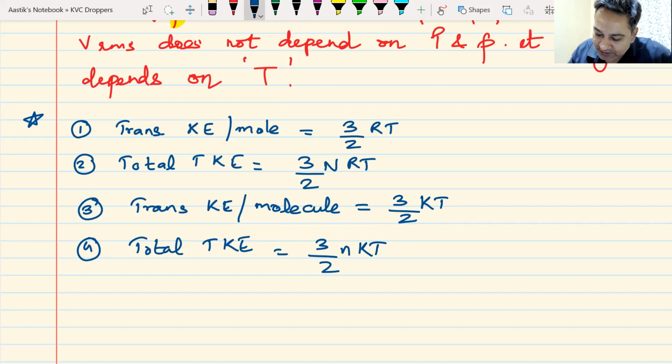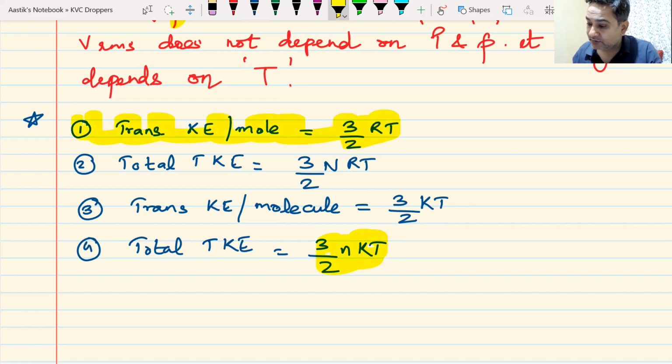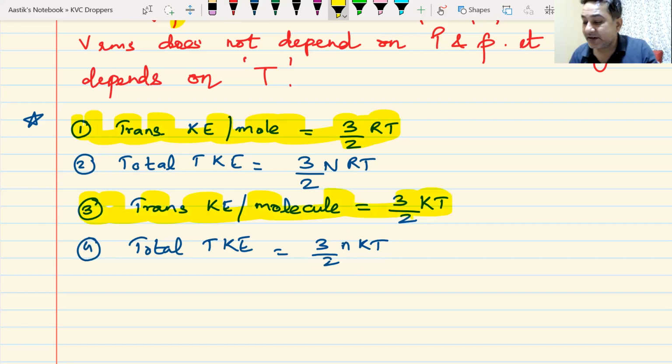Now what you got to remember, for any two gases, if the temperature is same, then quantity number 1, and I have written the quantity wrongly here, so I will just correct it. For any two gases at the same temperature, quantity number 1 and quantity number 2 will be same. Do we understand this?